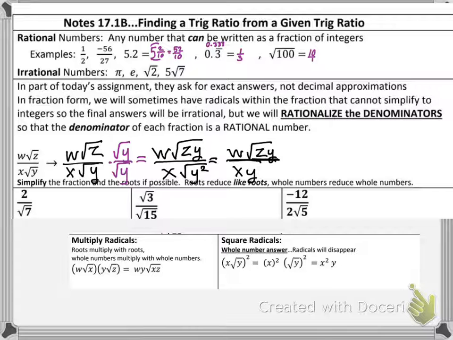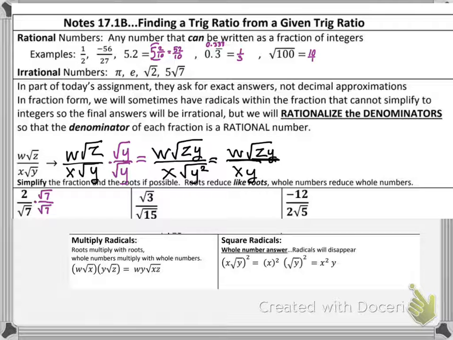That's a little strange, so let me do some examples with numbers in them. If I start with 2 over the square root of 7, I don't want to have a radical on the bottom. So I multiply by radical 7 over radical 7. The reason we can get away with multiplying the top and the bottom by radical 7 without changing the value is because root 7 over root 7 is just 1. Multiplying by 1 changes the way something looks, but it doesn't change its value.